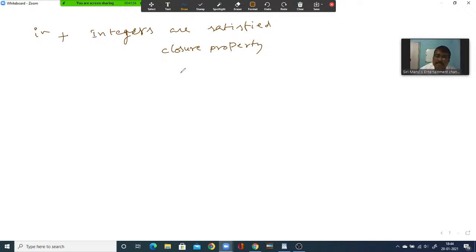Just before we conclude that, in addition, integers satisfy the closure property, or we can also say it another way: integers are closed under addition. That's it.